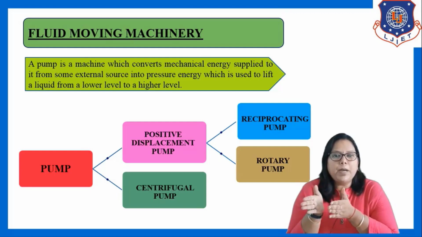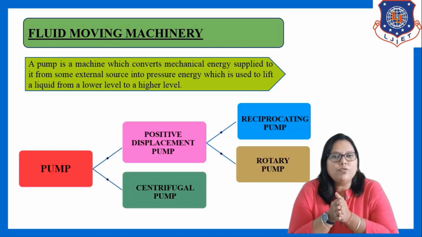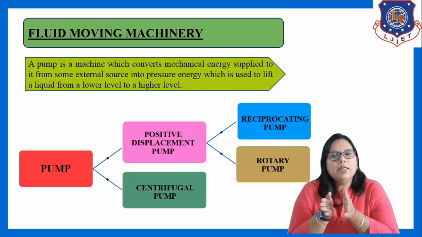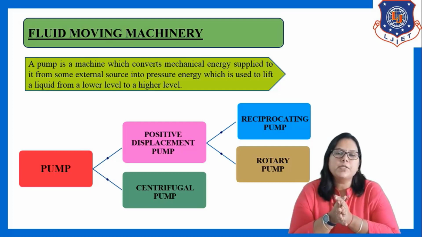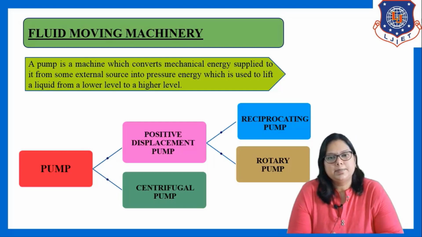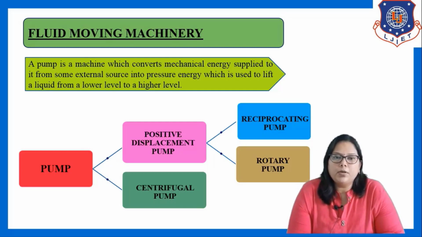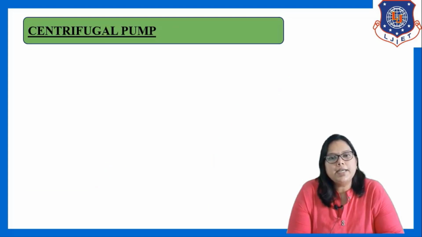So in this part of this chapter, fluid moving machinery, we have to cover the different types of pumps in detail. Let us start with the first type of pump, which is the centrifugal pump.